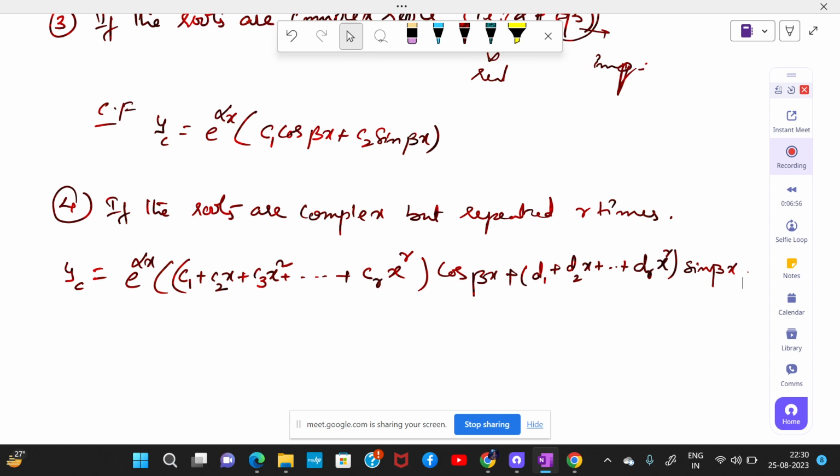If it's becoming 0, then again you multiply your numerator with x and differentiate your denominator with respect to D. Learn the problem, it will be clear for you. But let me show with the fail case only, so that it will be more clear, because remembering that formula is very difficult.